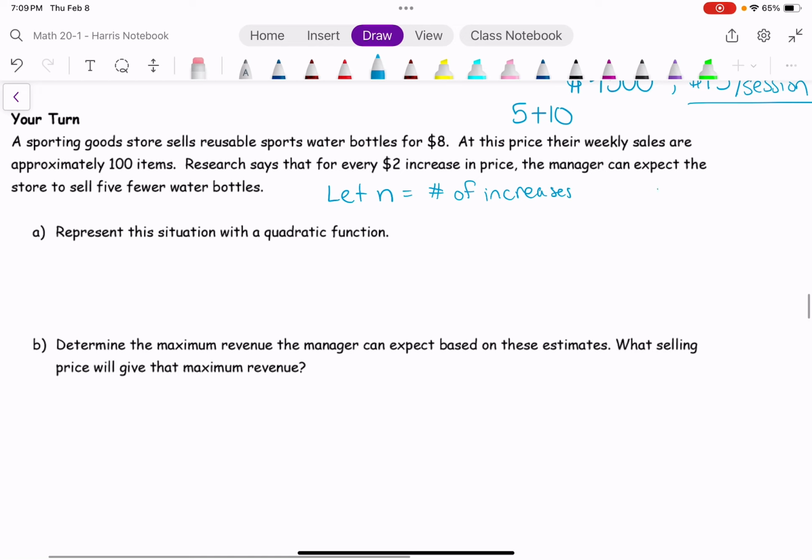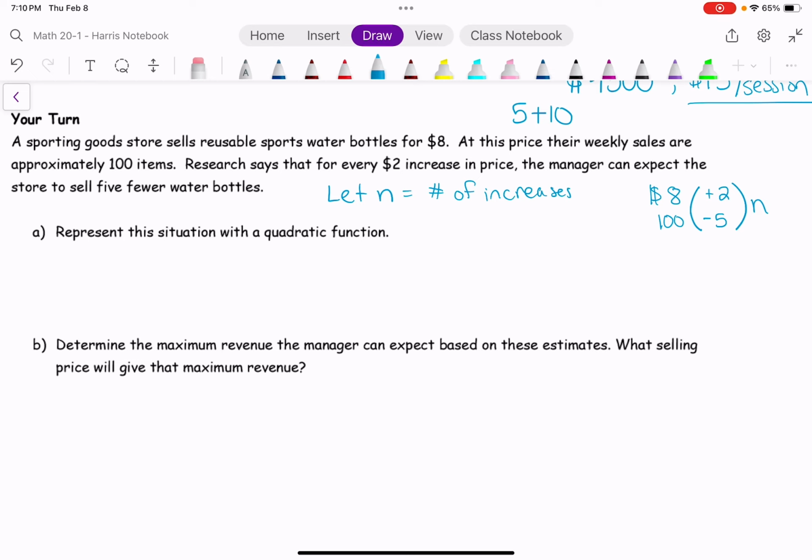It was going to be $8, and then for approximately 100 items, for every $2 of increase, they were going to expect to sell 5 fewer, so minus 5n.